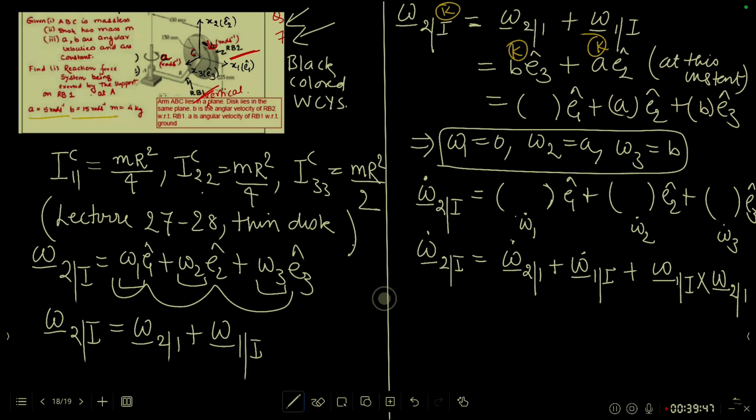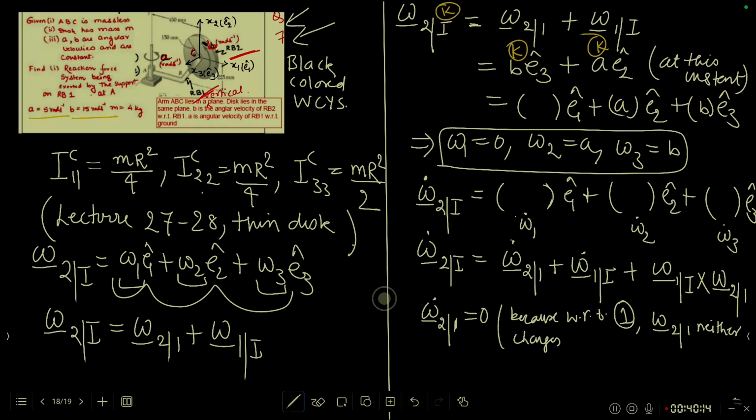Why? Because with respect to 1, omega 21 neither changes its direction nor its magnitude. Needs a little bit of visualization. However, we have done this exercise earlier also. I have explained this concept earlier while solving kinematics problems.